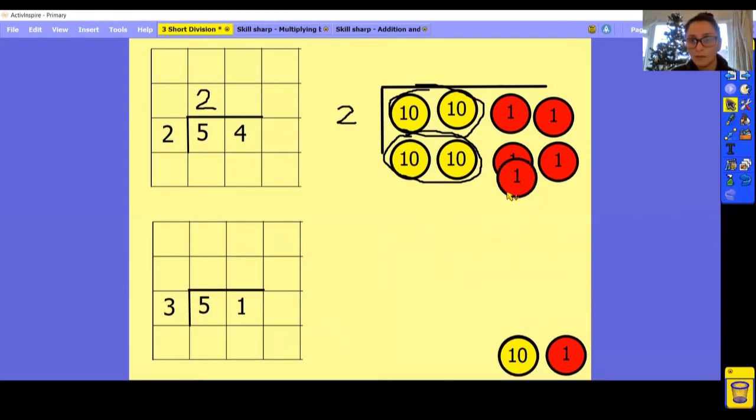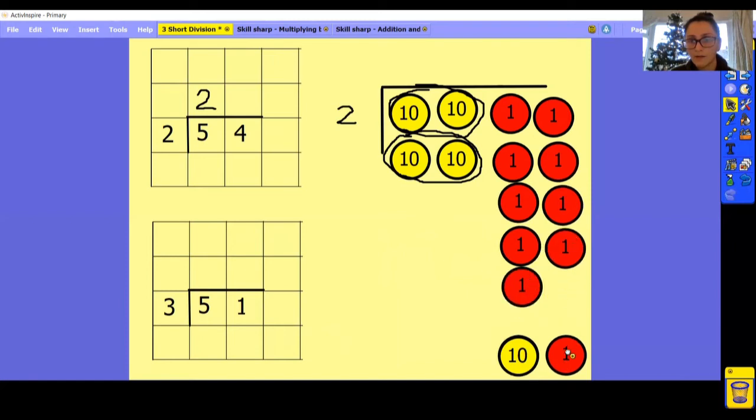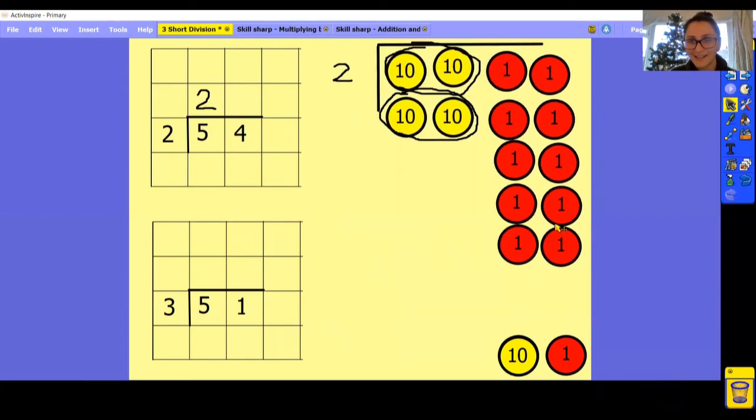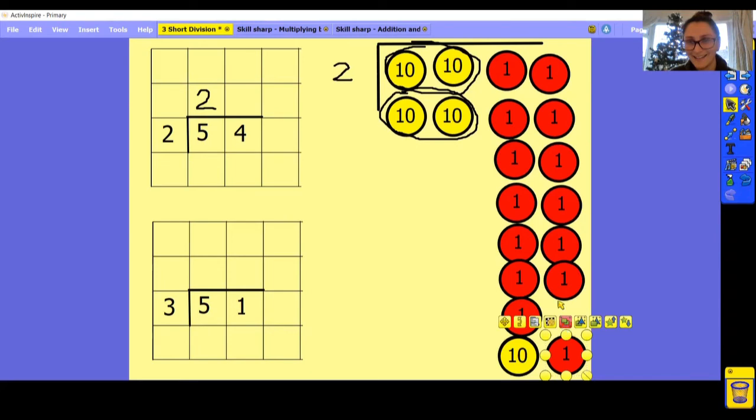So 1, 2, 3, 4, 5, 6. I'm going to have to move everything up. That's 6, 7, 8, 9, 10. There we go.